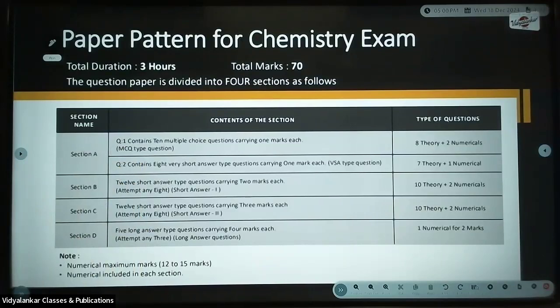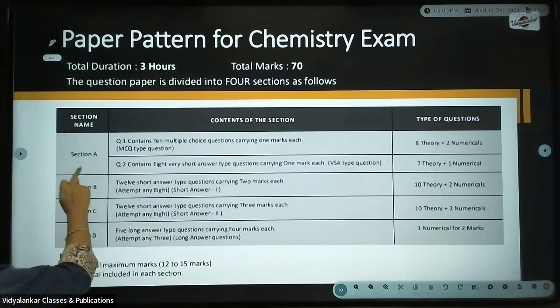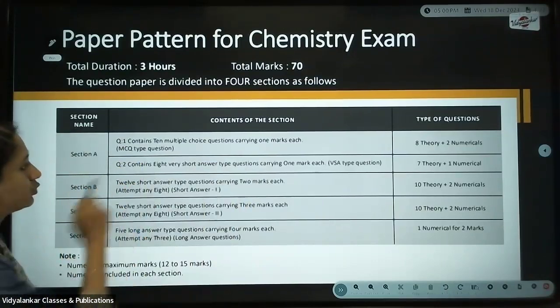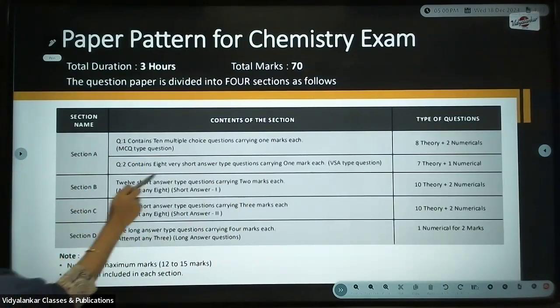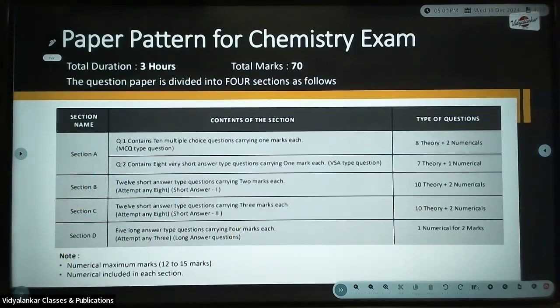Question number 1 contains 10 multiple choice questions which carry 1 mark each. In the same section, question number 2 contains 8 very short answer type questions which again carry 1 mark each. So our section A is of 18 marks.